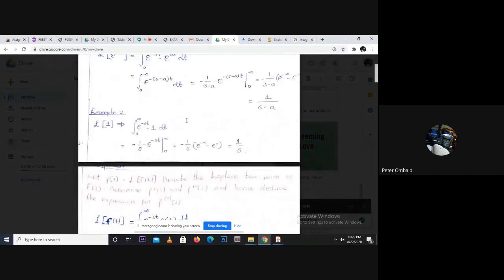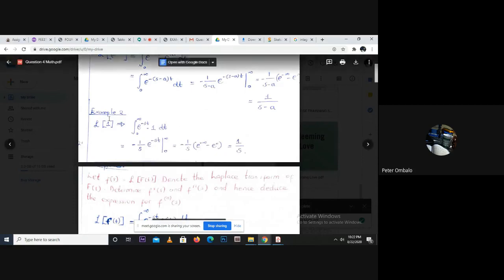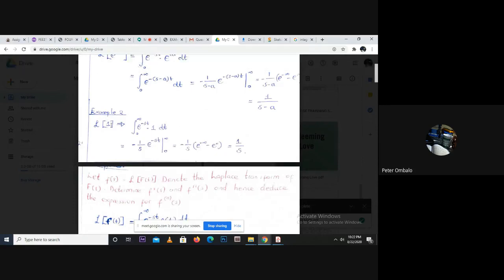Okay, let's look at another example again. This time we have a Laplace transform of 1. 1 is a general number we know. So to find its Laplace transform, we just plug it in the Laplace transform formula again. So this time around we have a 1. If we integrate this first part that has the exponential, it becomes a 1 over s.